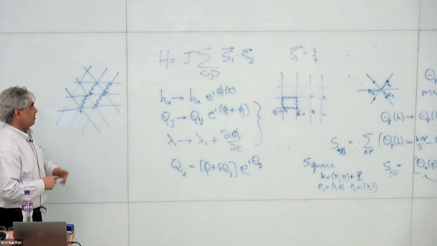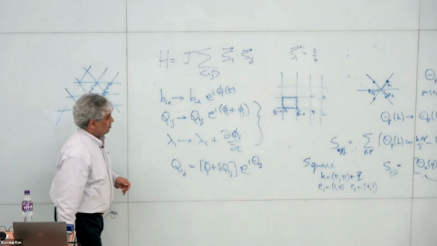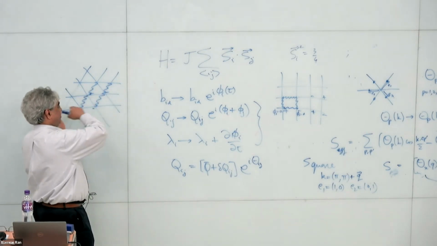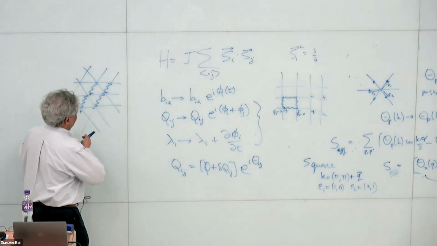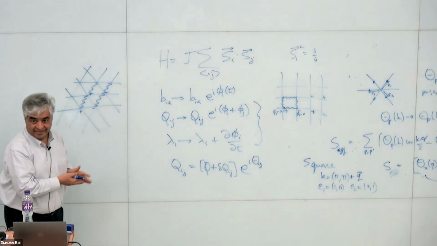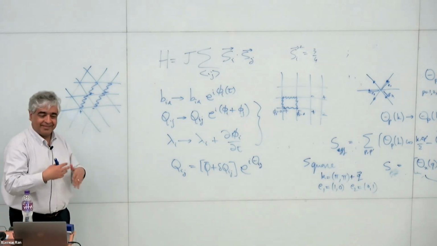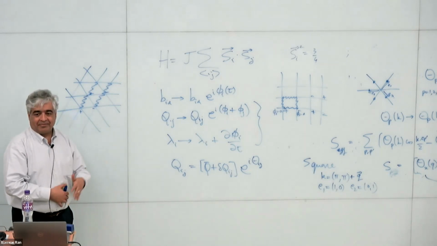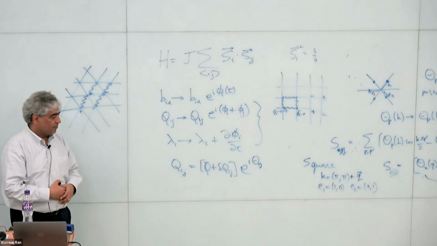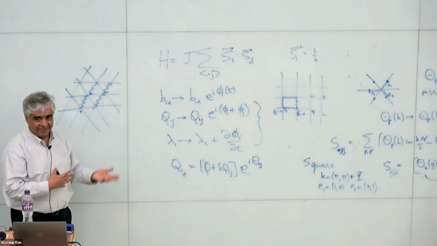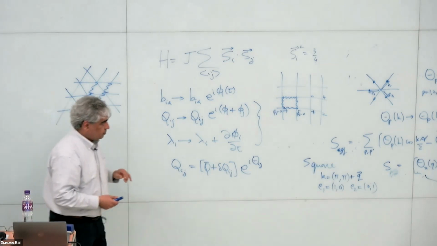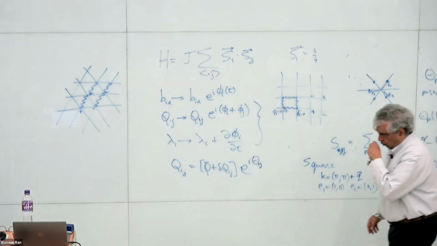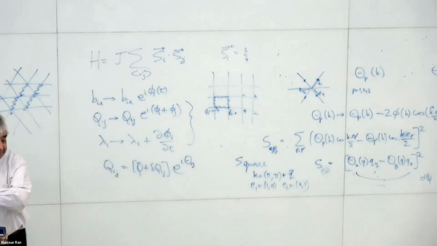So in this theory on the triangle lattice, you try to get a photon, but in addition you get a charge 2 boson, or charge 2 Higgs field. And that's a Higgs field that breaks the U(1) gauge symmetry down to Z2. That's why this is sometimes called a Z2 gauge theory. You can make that more explicit, but I don't have time to go into all of that. I'm more interested in the square lattice, and I'll come to that later.